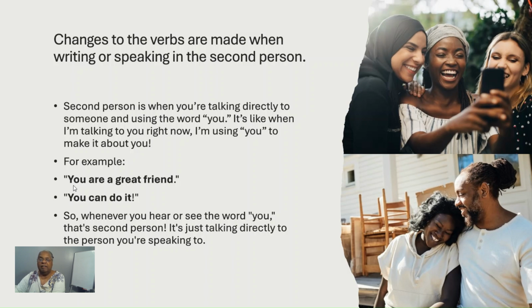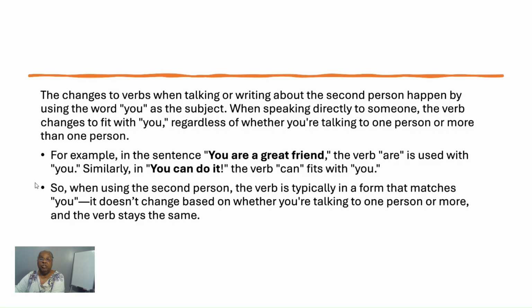It's just talking directly to the person you're speaking to. The changes to verbs when talking or writing about the second person happen by using the word you as the subject. When speaking directly to someone, the verb changes to fit with you, regardless of whether you're talking to one person or more than one person. For example, in the sentence, you are a great friend, the verb are is used with you.